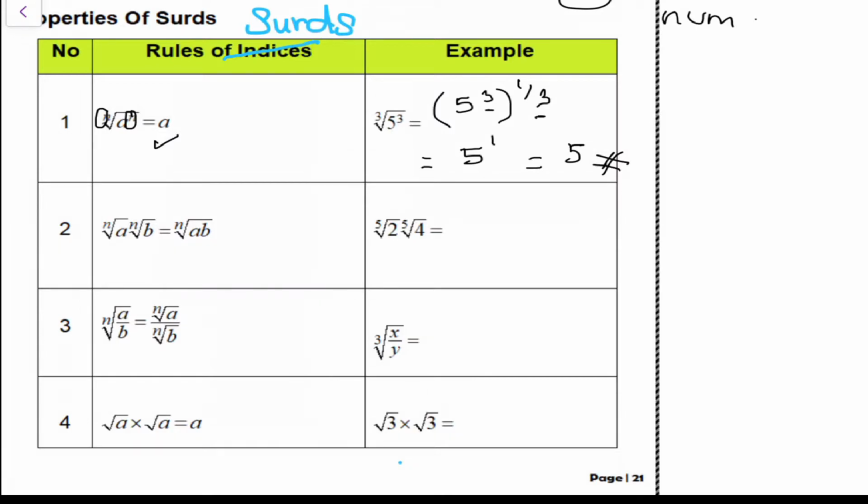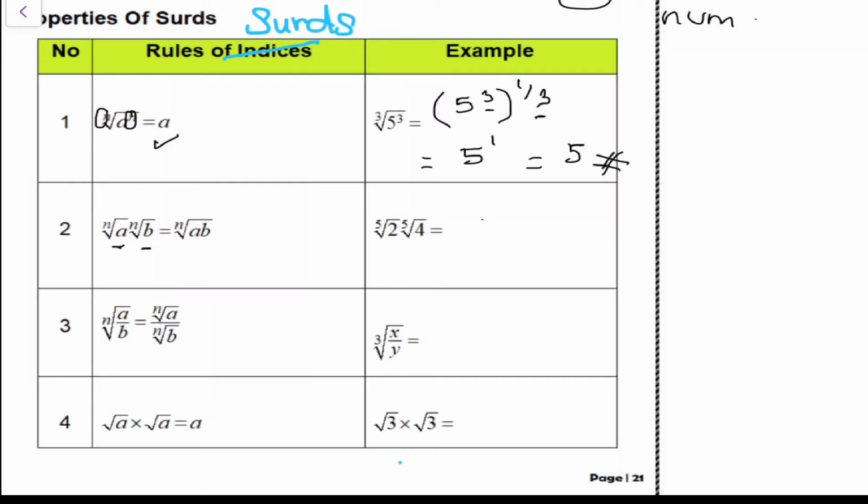Okay, but the rule must be that the index inside the root is equal to the index outside the root. The second one: when you have different radicands but the same index, you can combine the radicands together.